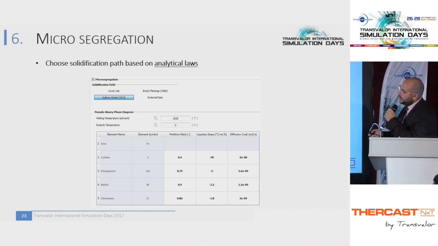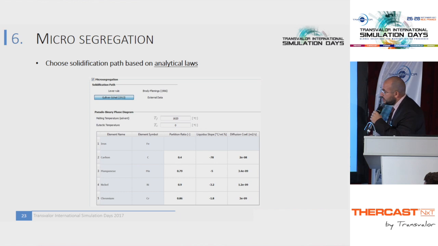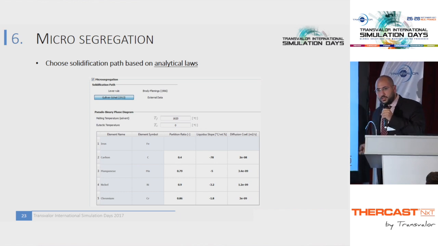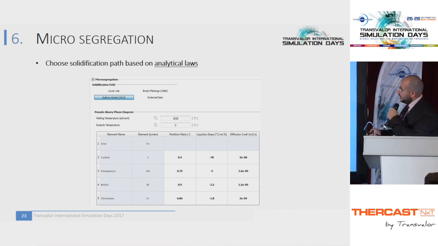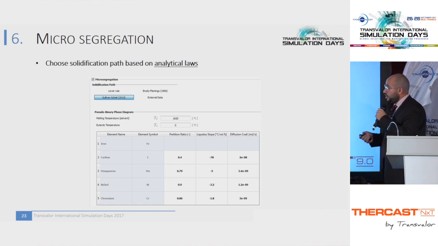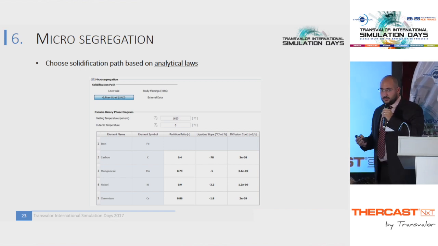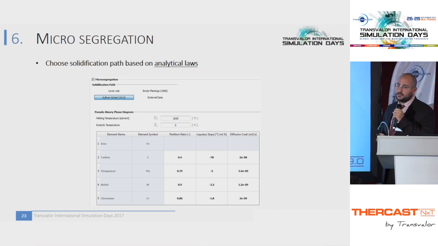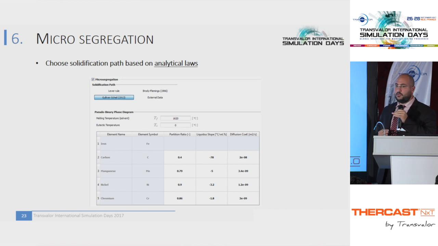If you enable microsegregation, you are able to choose among 4 options for the solidification path. Among these options, we have 3 analytical models, which are the lever rule, Scheil, and the Brody-Flemings model. Using these analytical models, we will assume that it's only limited for now to binary alloys.